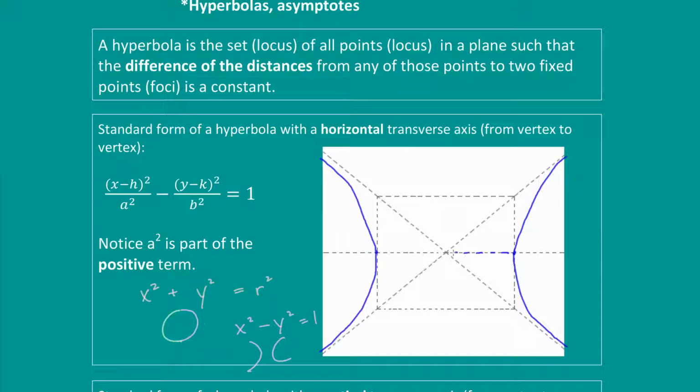Right here, if I've got a vertex of one of the parabolas, a vertex of another parabola, this distance between, this is going to be our transverse axis.